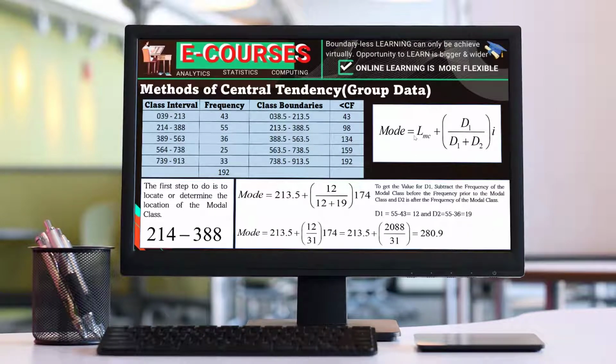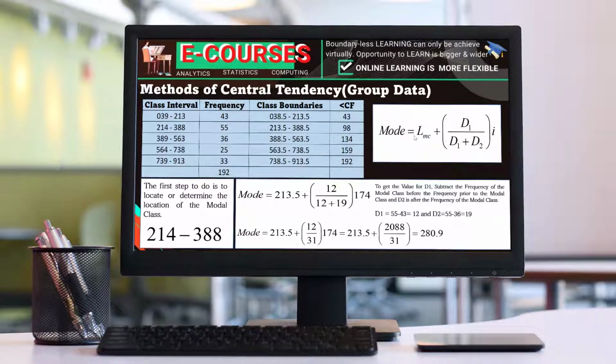Now let's proceed with the mode. The same procedure: we need to identify the lower class boundary of the modal class. The first step is to determine the location of the modal class. Remember the definition of mode: the value that occurs most frequently.